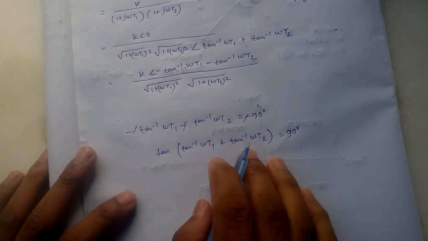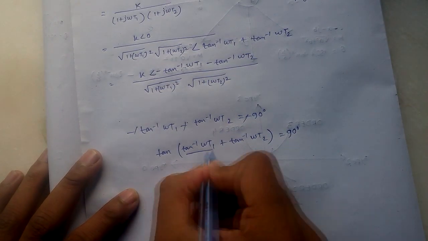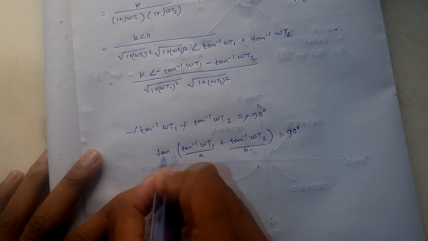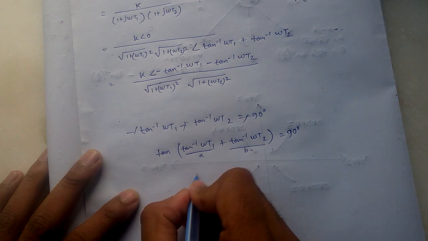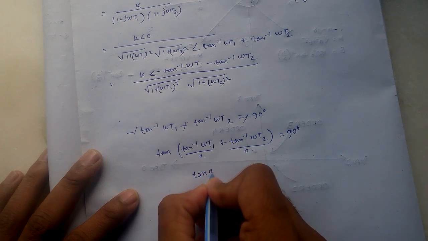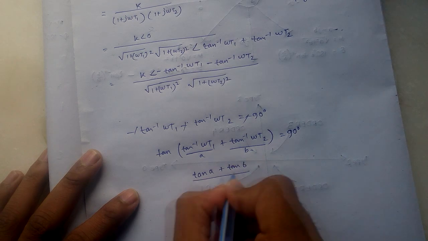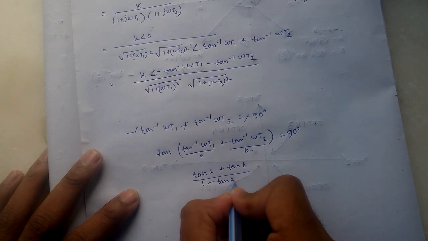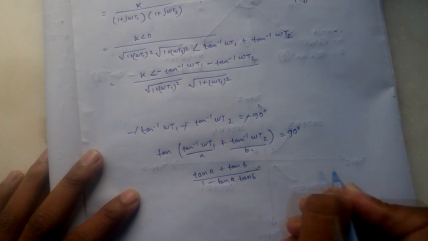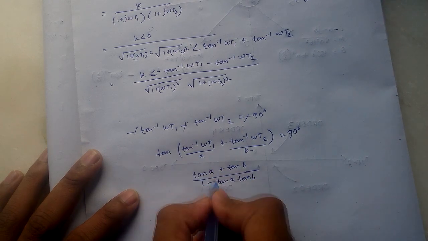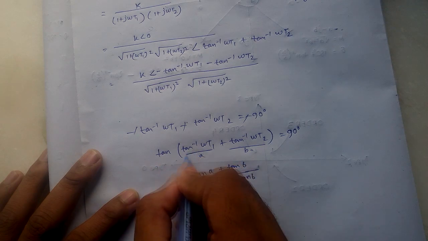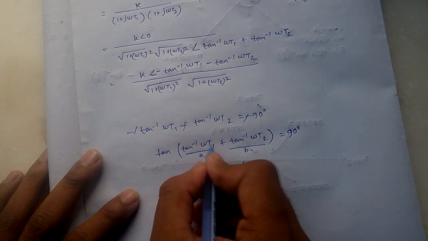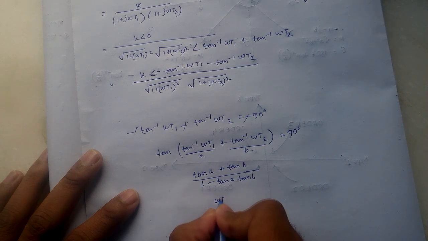Okay, now actually this is a, this is b, so what will happen, tan a plus b. What is the formula? The tan of a plus b formula is tan a plus tan b by 1 minus tan a tan b, right? So if you write tan a, tan inverse gets cancelled, and the remaining is omega t1.